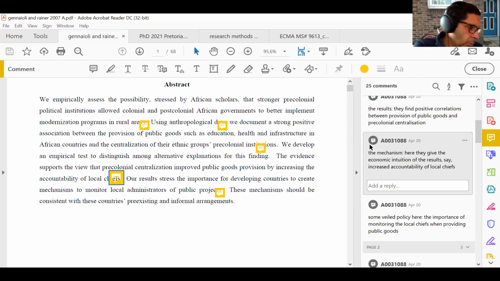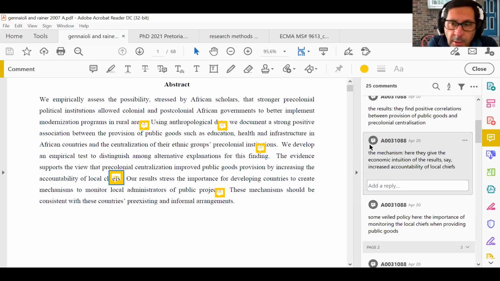If there is one thing that I would like you to take away from today's lecture is everyone can run regressions nowadays, okay? Anyone can run a regression. But the important thing is, what is the mechanism? How do you explain your results in a meaningful way? Here they give the economic intuition of the results, right?